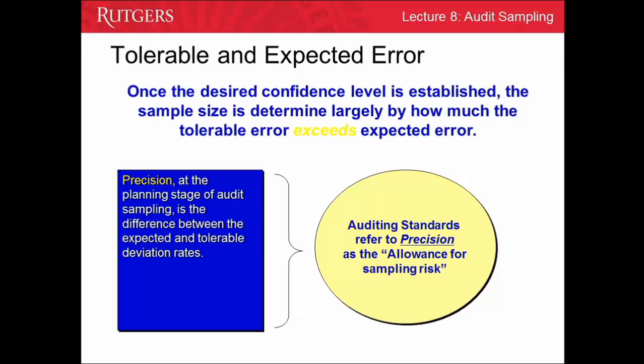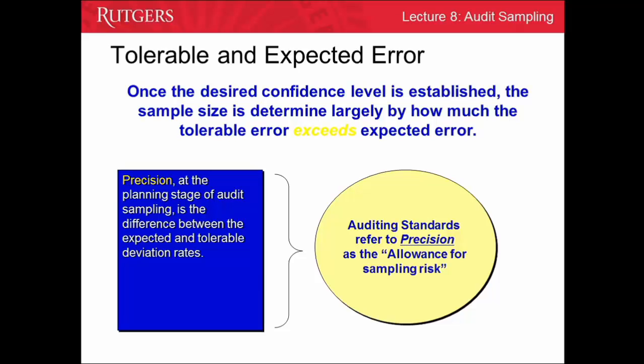Once the designed confidence level is established, the appropriate sample size is determined largely by how much tolerable error exceeds expected error. The smaller the difference between these two variables, the more precise the sampling result must be, and therefore the larger the sample size needed.